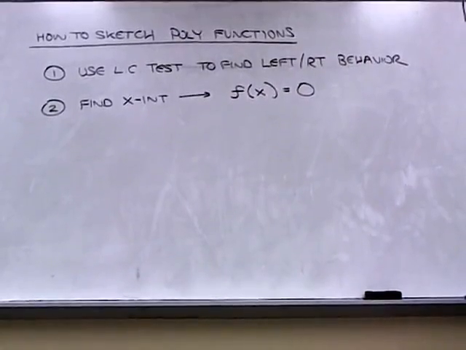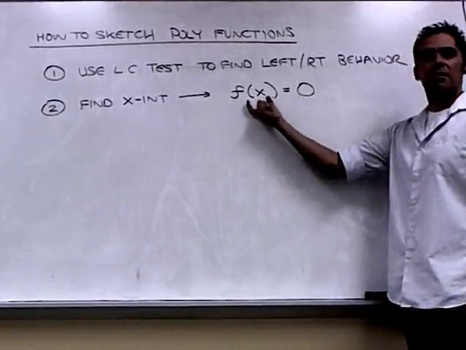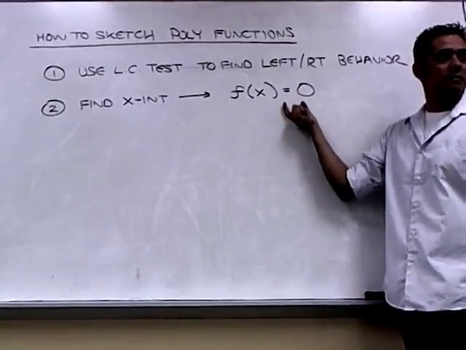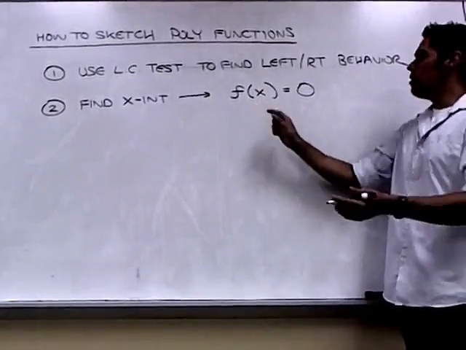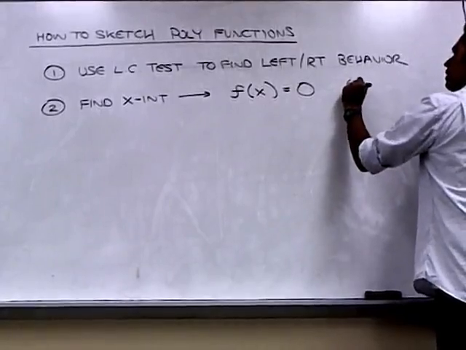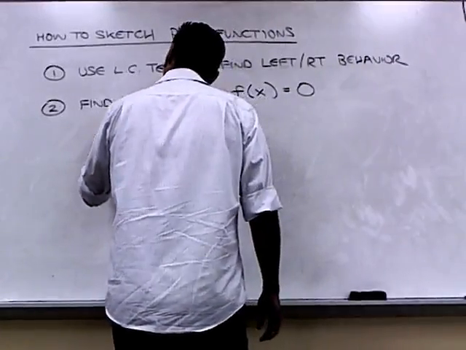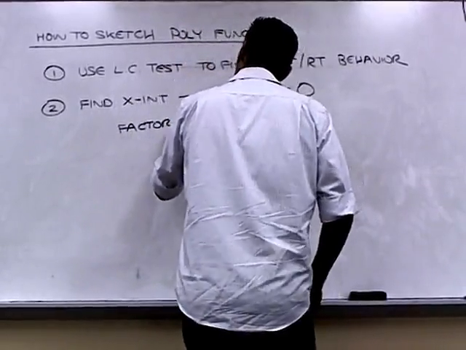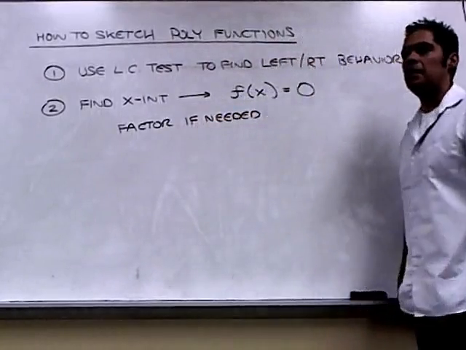When we set our function equal to 0, what do we have to do to the function to solve this? Factor it, right? We may have to factor this. In fact, we will always have to factor it. So I'll put a little side note here: factor if needed.